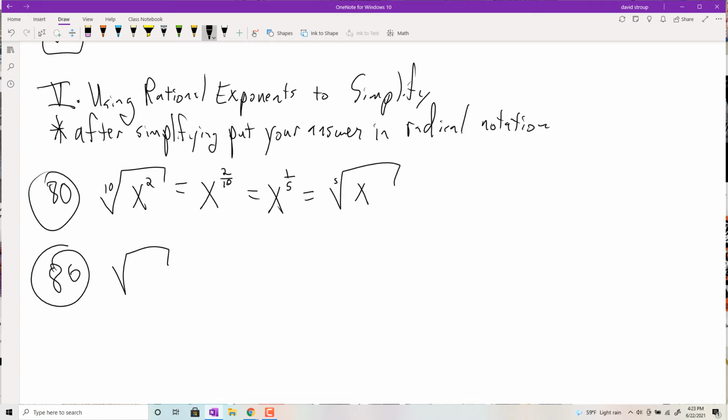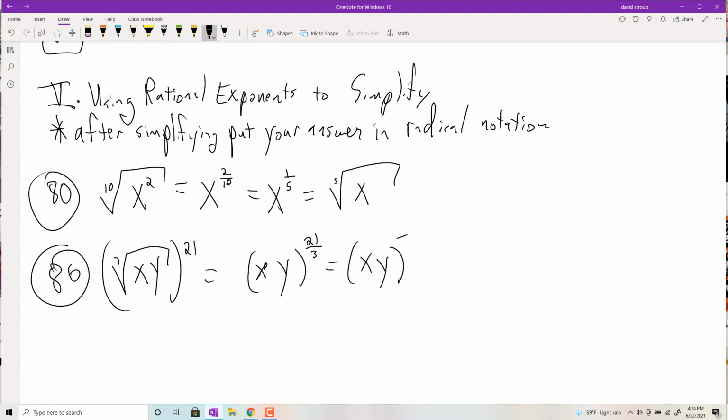86, the cube root of xy raised to the 21st power. That'll be the same thing as xy raised to the 21st power divided by 3, which will be the same thing as xy to the 7th.